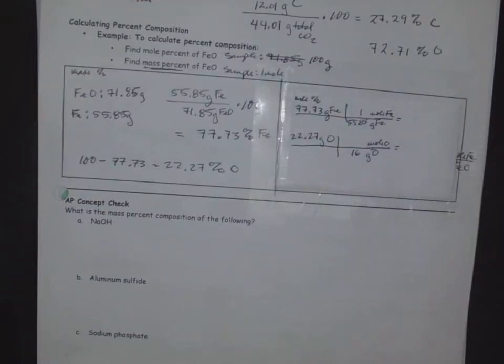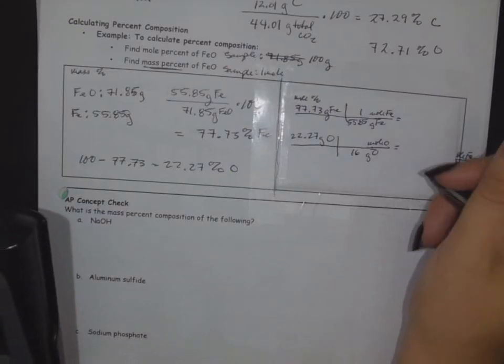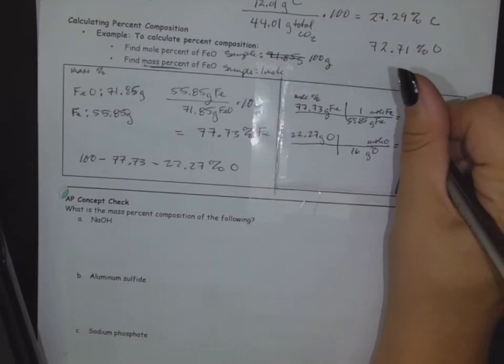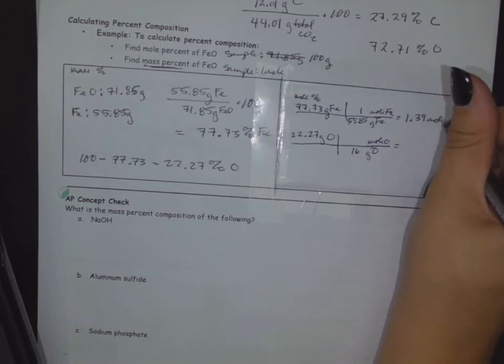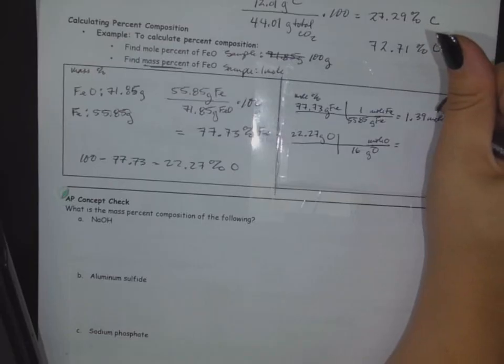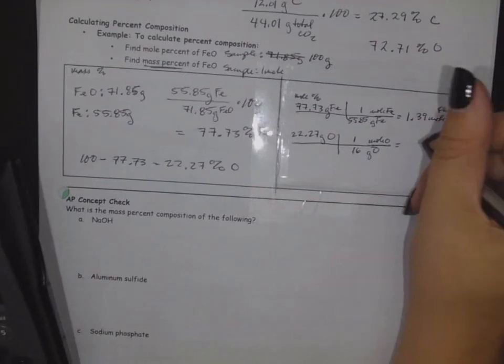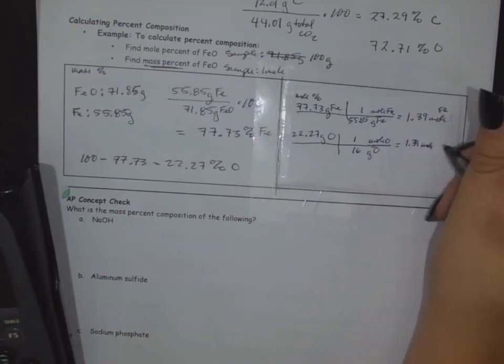If I take that 77.73 and divide it by the 55.85, I will get 1.39 moles of iron. Now what if I take the 22.27 and divide that by 16? I also get 1.39 moles of oxygen.